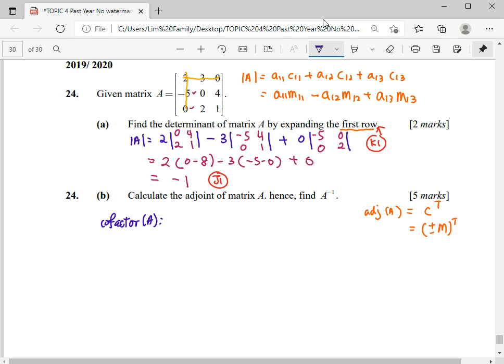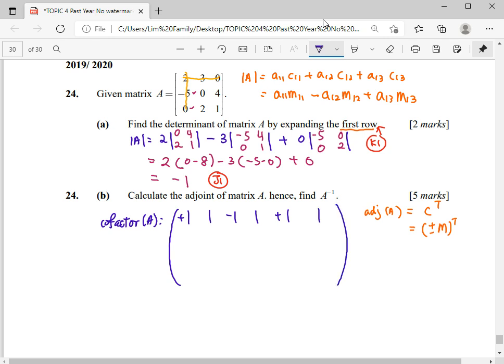For the cofactor of matrix A, I put a big bracket here because for every entry I am going to do their minor. For A11 it is a positive minor, A12 a negative minor, A13 a positive minor.